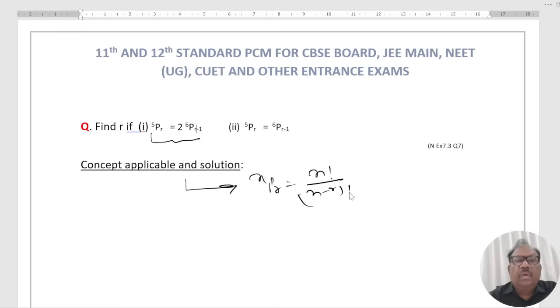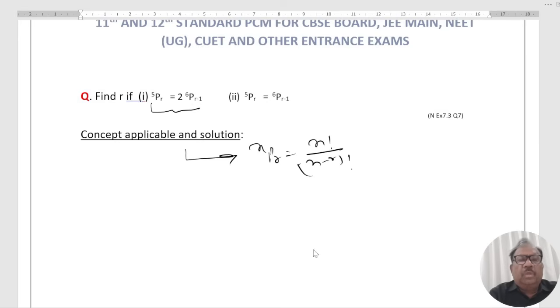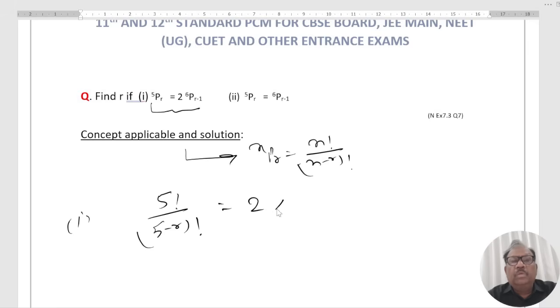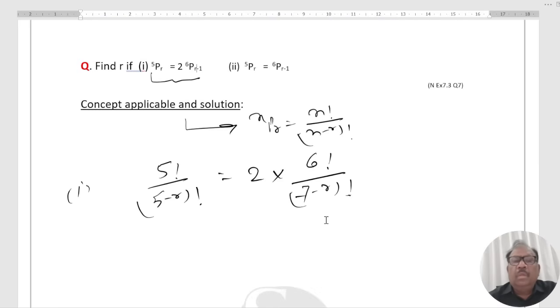So this can be written as factorial 5 upon factorial (5 minus r) equals twice into factorial 6 upon factorial (6 minus r plus 1), that is, 7 minus r factorial. General tendency is to reduce higher factorial into lower factorial.